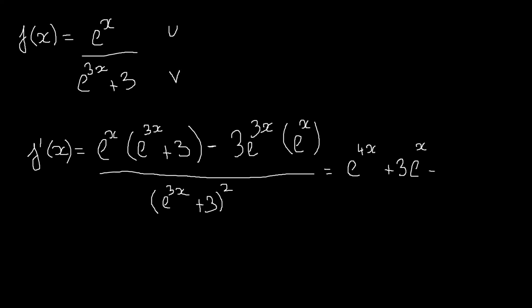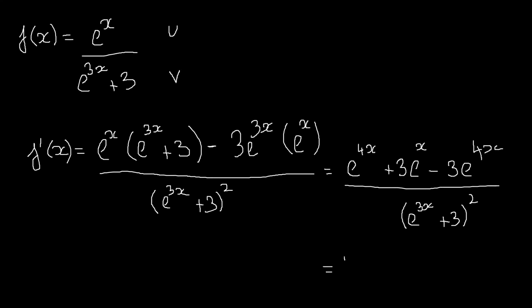And now this will be e to the 4x, all divided by e to the 3x plus 3, squared.